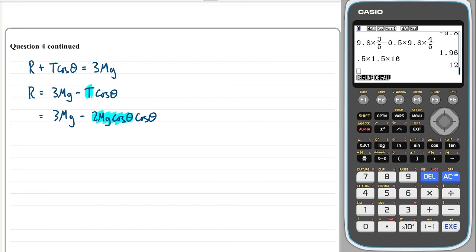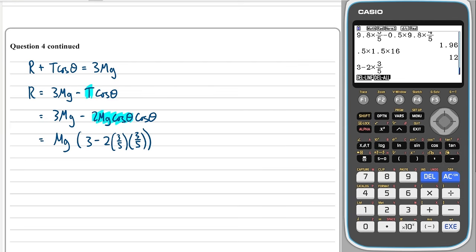And first, actually, let's just factorise an mg. So we've got 3 minus 2, and cos theta is 3 over 5, and 3 over 5. Okay, so we can do that calculation. We should get 3 minus 2 times 3 over 5 times 3 over 5. Perfect. That's 57 over 25 mg.